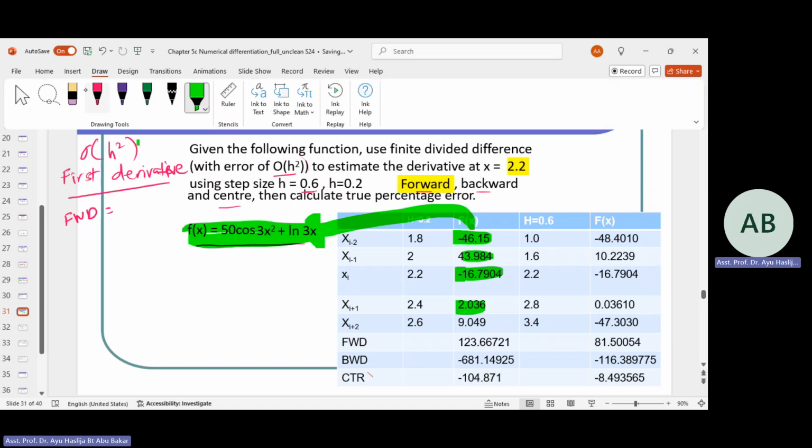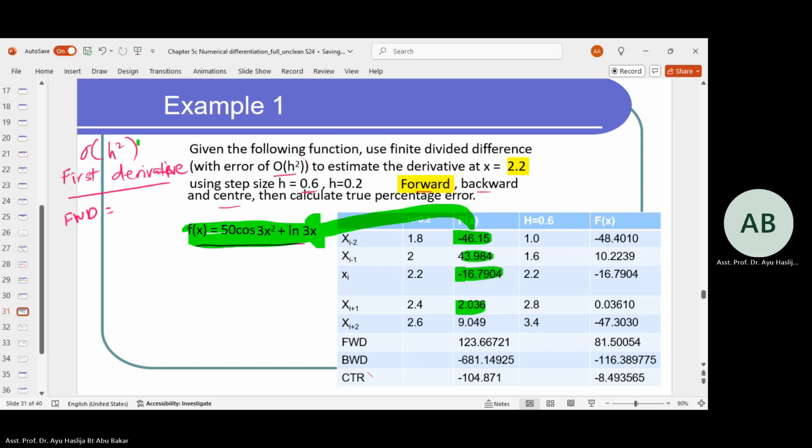Okay, we try first derivative OH2. Now remember your x 2.2, h is 0.6. Okay, we take h 0.6. Now first derivative for forward. Check your equation.